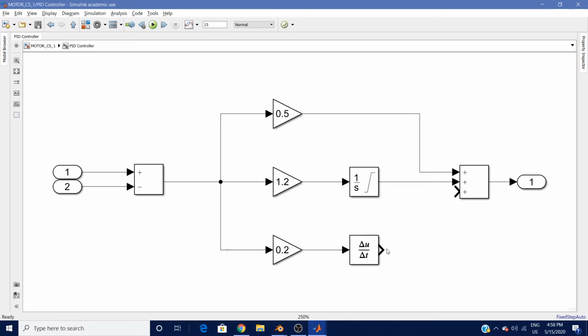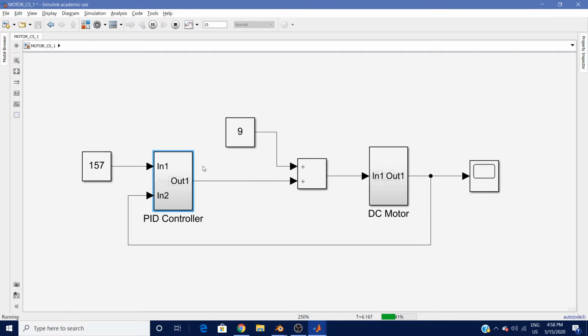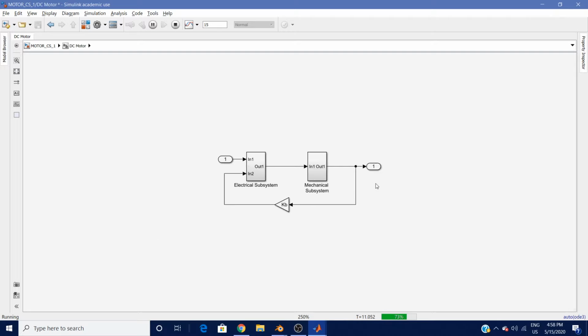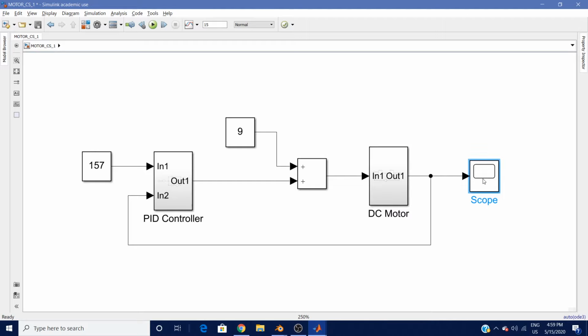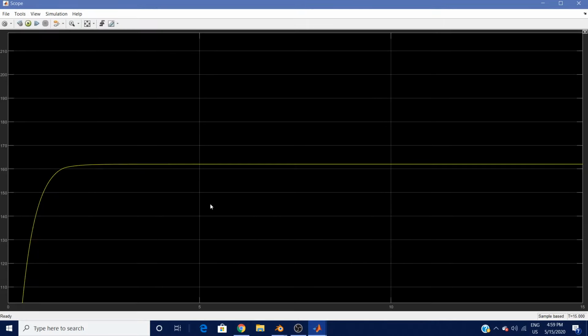But before that, let's just try adding in the differentiation term and let's see what happens. So let's just run that and let's see. Maybe there is some connection error. No, everything in the DC motor section also seems fine. It should have worked.